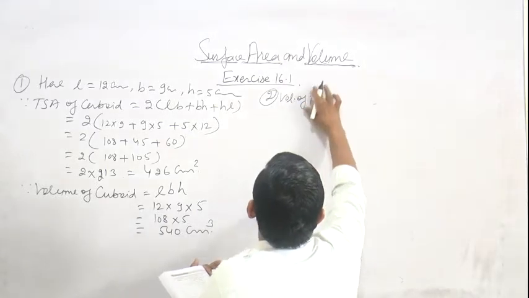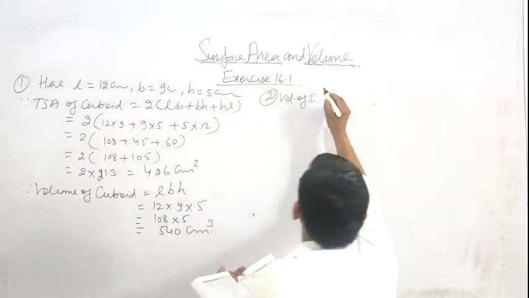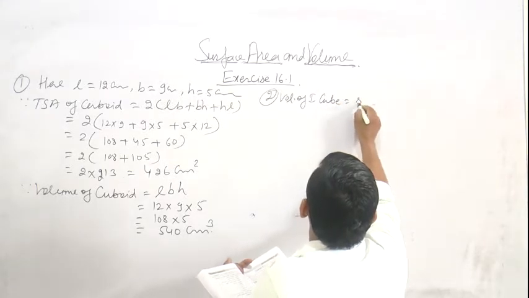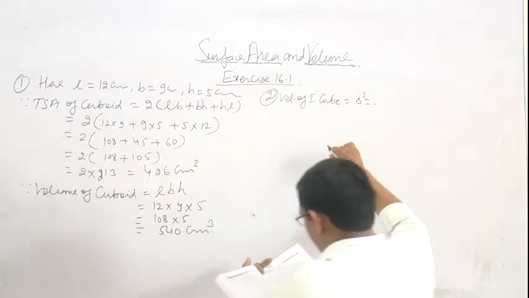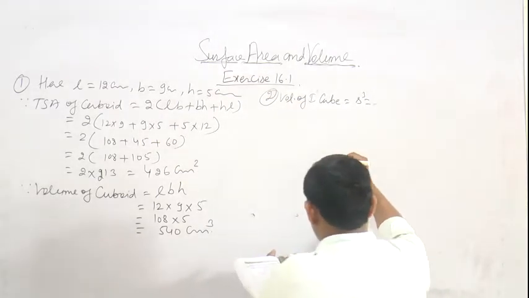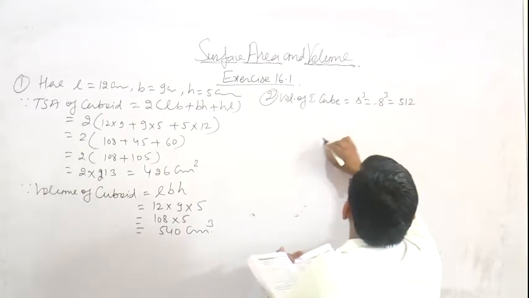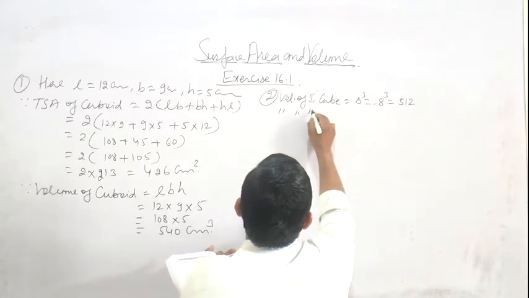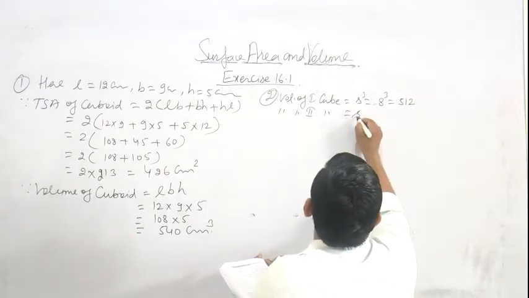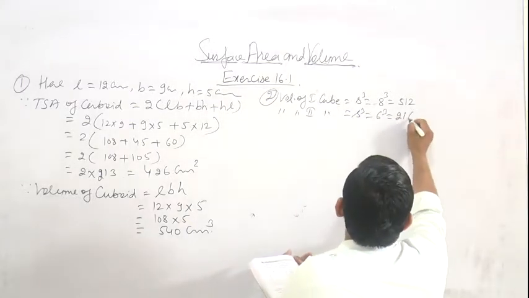first cube, we have 3. Volume of first cube is side cube, first cube has side 8 centimeter. So 8 cube is equal to 512. Then volume of second cube has side 6, 6 cube, it means 216.